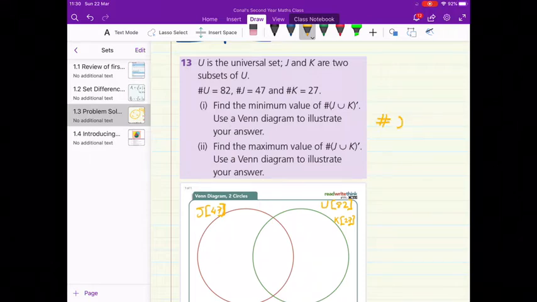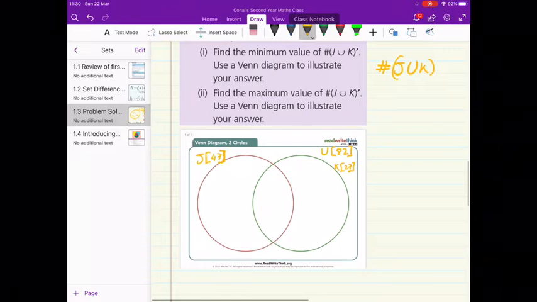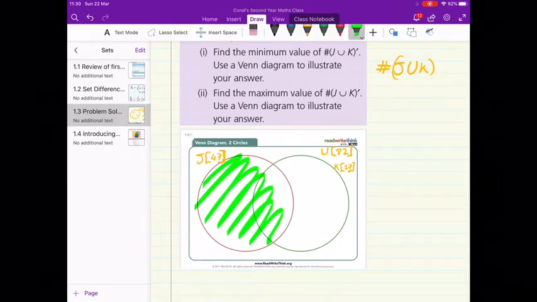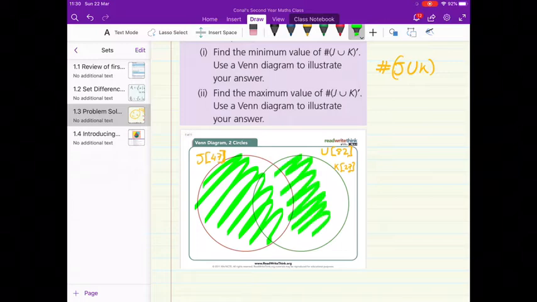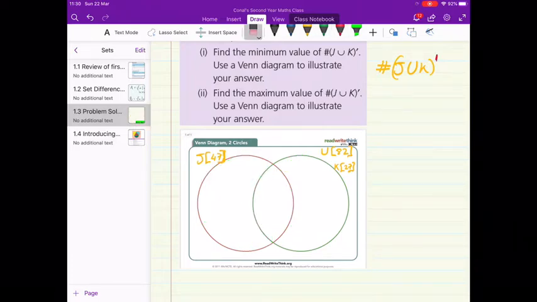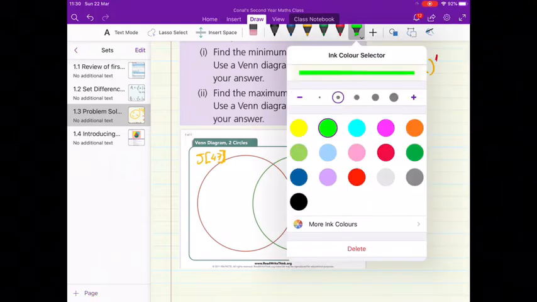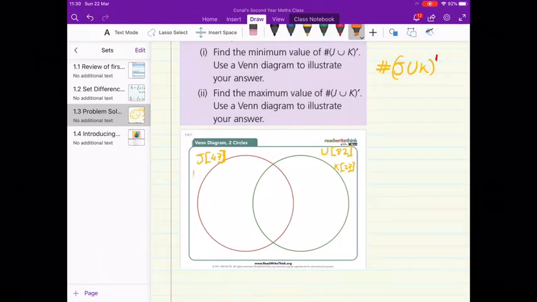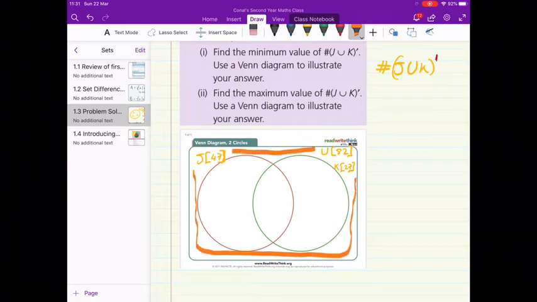J union K will be the union of all of the set J with all of the set K. That's what J union K is. But what we're dealing with is J union K complement. So that means we're going to be looking at everything outside of it, everything outside of the union, everything outside of our set. Does that make sense to us?